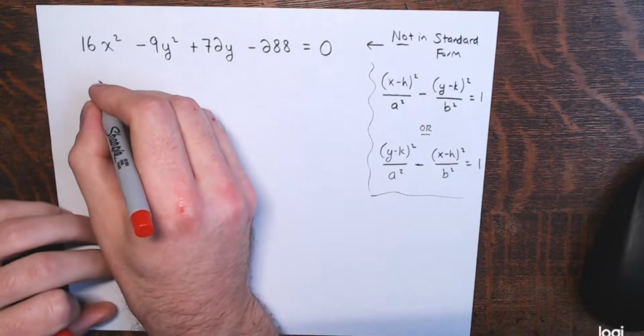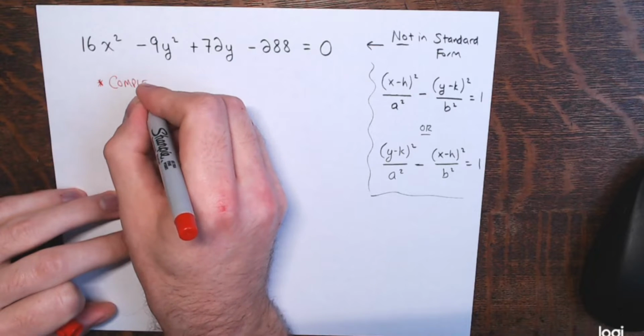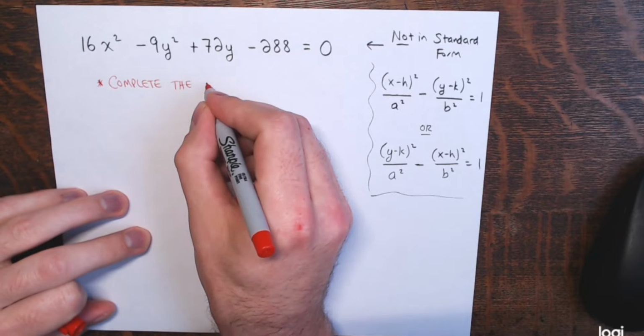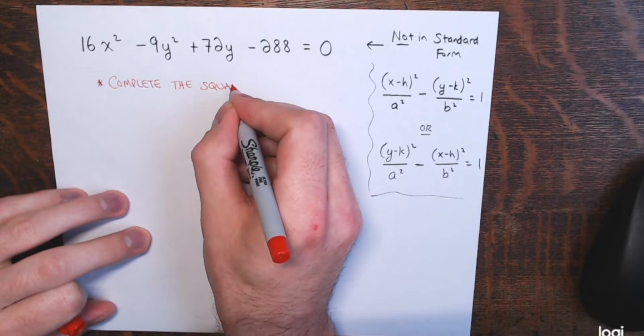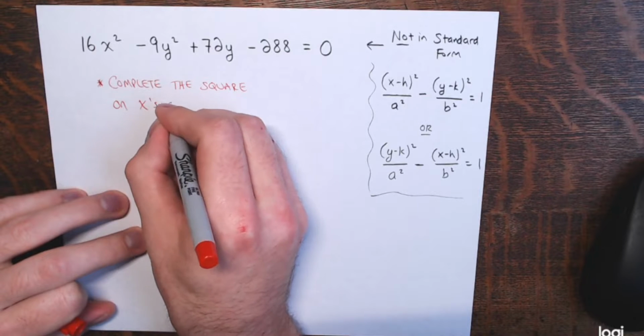So the way we did that was completing the square. We complete the square on the x terms and y terms, on x's and y's.